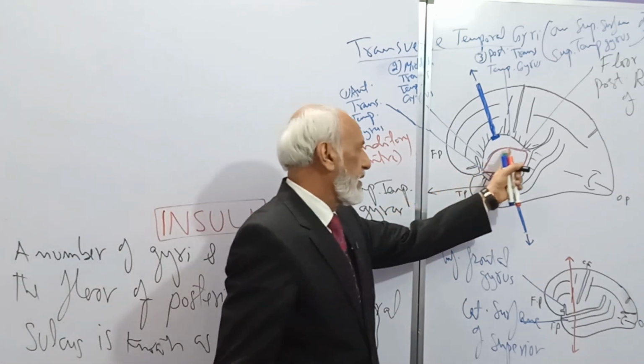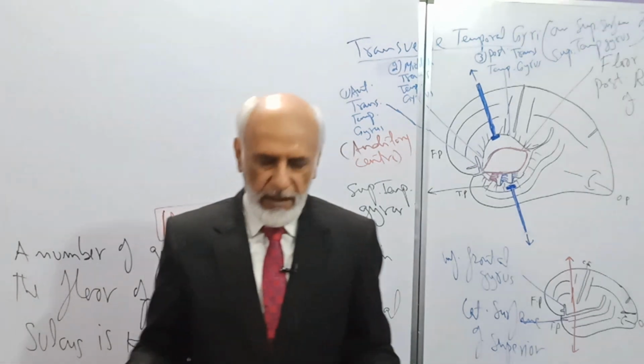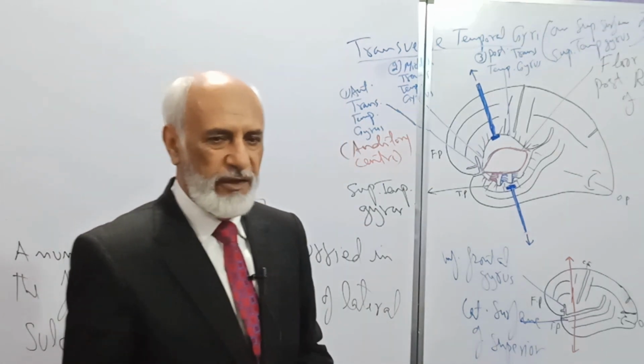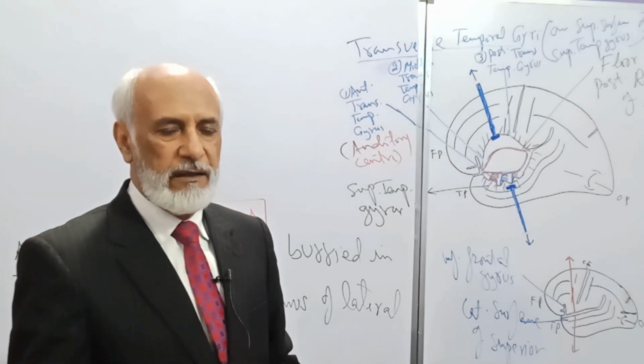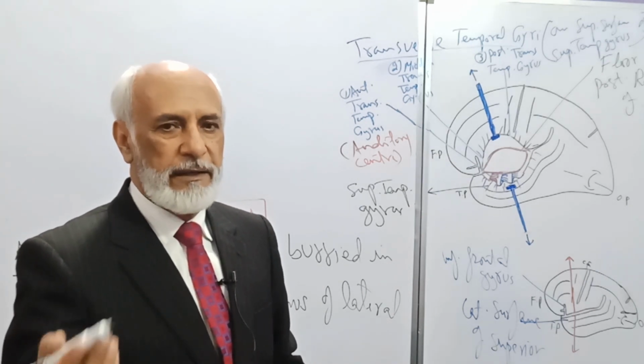Here, certain sulci and gyri are buried in the floor of the posterior ramus of the lateral sulcus. Collectively, these gyri and sulci are labeled as the insula.